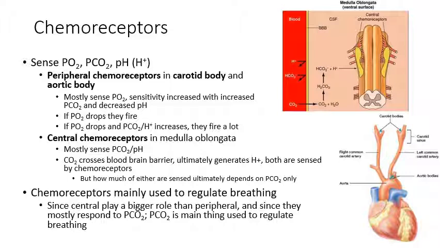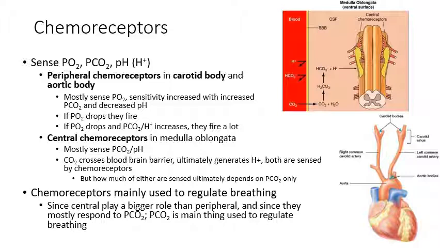Overall, the central chemoreceptors are more important in the regulation of breathing than the peripheral chemoreceptors. So when your breathing rate is being fine-tuned moment to moment, that's the central chemoreceptors that are doing that. If you have kind of a big problem with your oxygenation, then your peripheral chemoreceptors are going to start firing like crazy, and that's going to be controlling the brainstem, the medulla oblongata, to make you breathe faster.